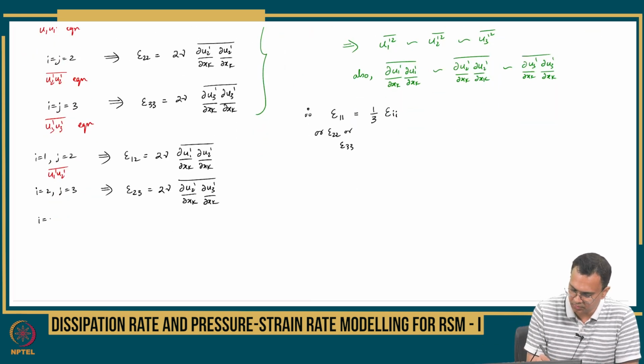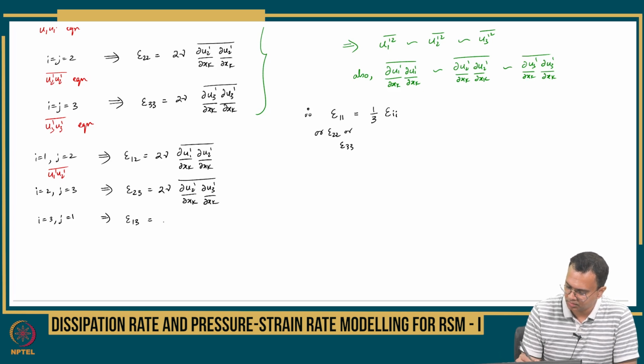Similarly, when i equals 3, j equals 1, I get epsilon 31 or 13, which is 2 nu dou u1 prime by dou xk, dou u3 prime by dou xk.